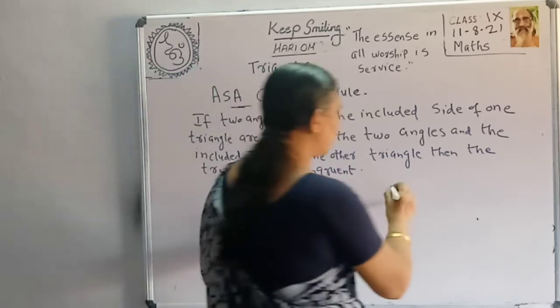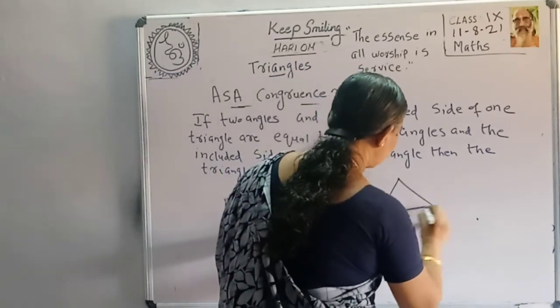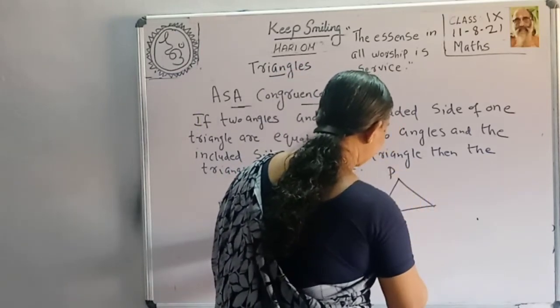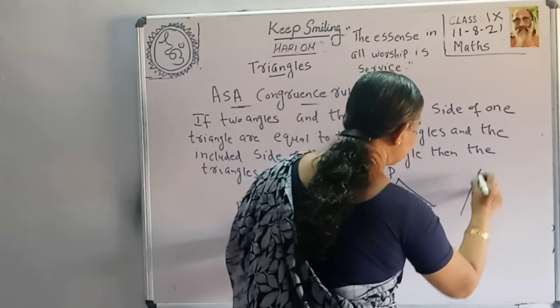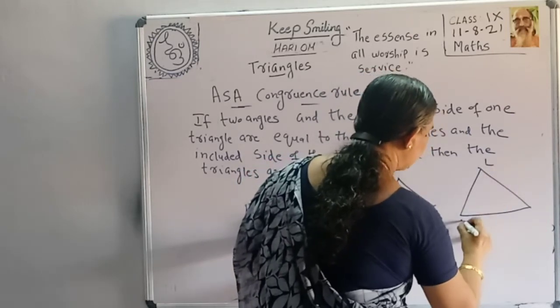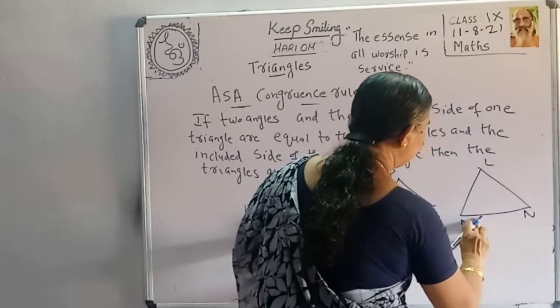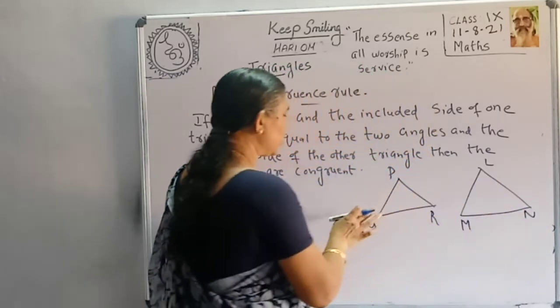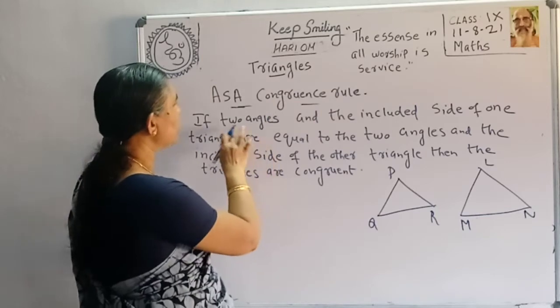For example, triangle PQR, and this is triangle LMN. Then we can take two angles and the included side.